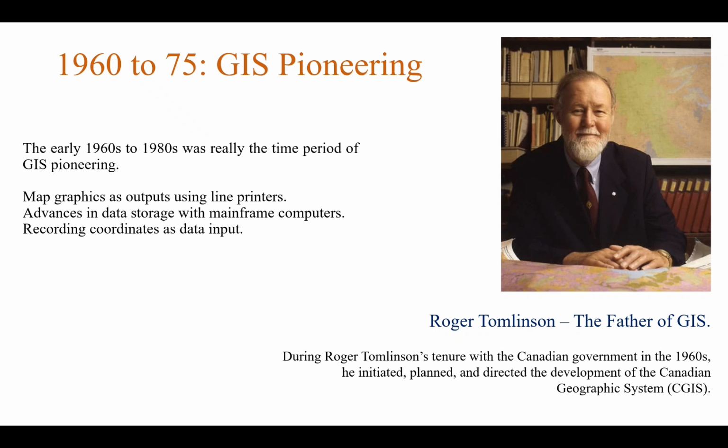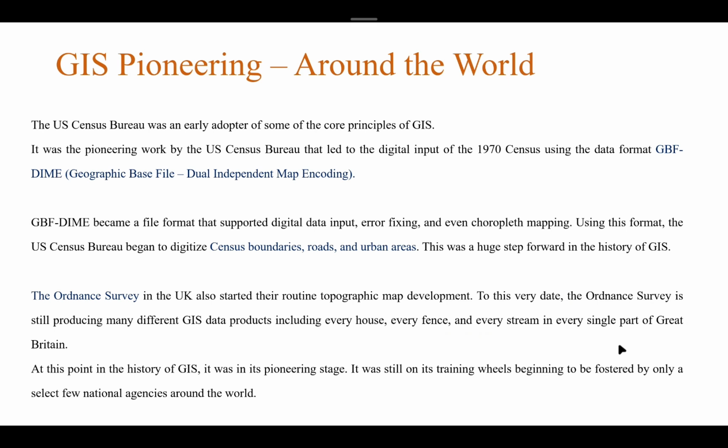And also at this time, map graphics as outputs using line printers had started. There were advances in data storage. There was recording of coordinates as data input in computers. So this was something new that started with advancement in technology. Technology had just started improving, and people figured that we can do mapping using computers.